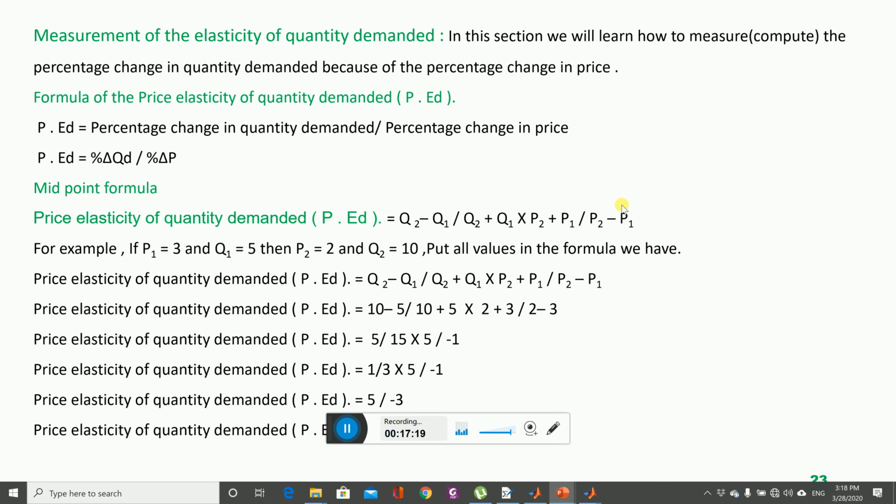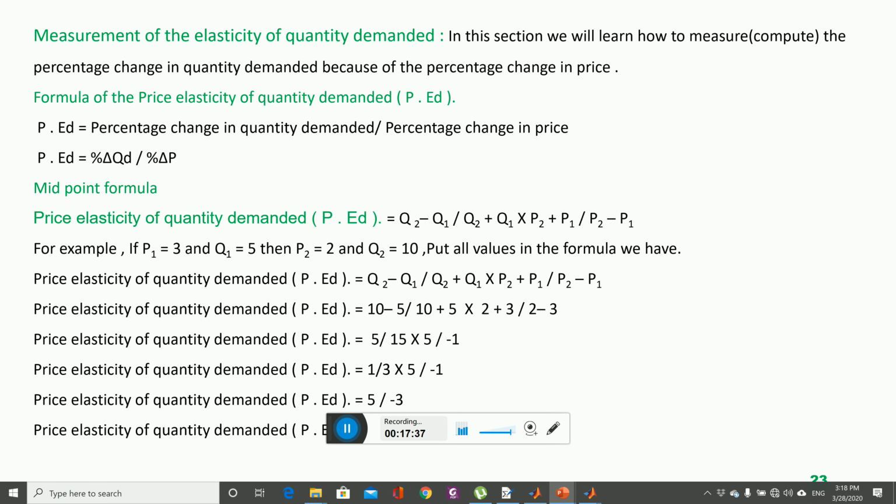What are these variables? Price and quantity. Q2 is the second quantity when the price changes. Q1 is the first quantity. P1 is the first price. P2 is the second price.